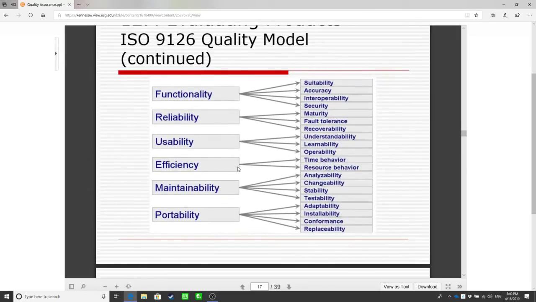What we want to measure is the top level: functionality, reliability, usability, efficiency, maintainability, and portability of the system.